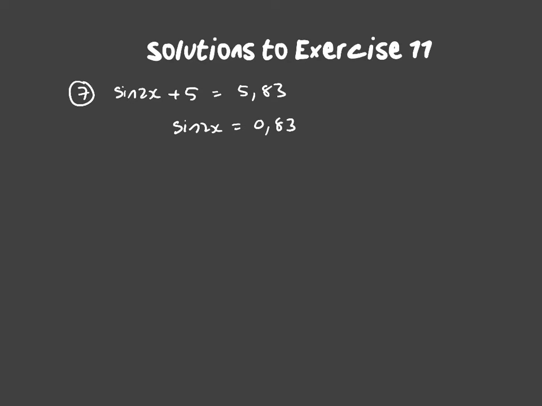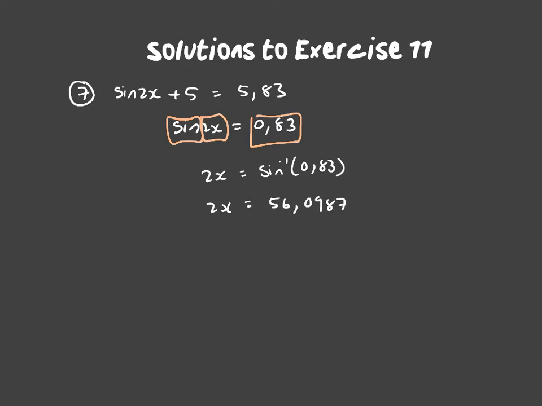So we've got the trig function, we've got the angle, and we've got the ratio. So therefore, the angle is equal to arcsine of that ratio. So 2x is equal to arcsine of 0.83. You press shift sine on your calculator, 0.83, close the brackets, and your answer is 56.0987.